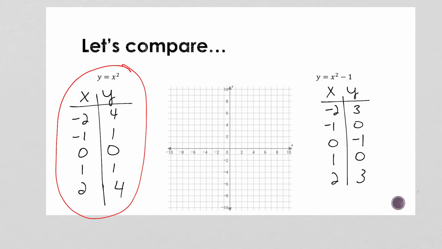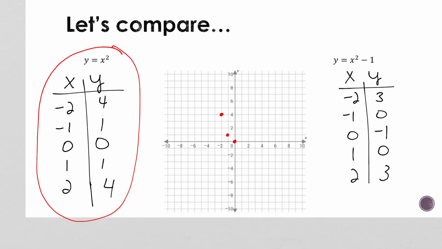Negative 2, 4 is right here. Negative 1, 1 is right there. 0, 0 is the origin. 1, 1 is right here. And 2, 4 is right there. So this graph looks like this. I have a tough time hitting those points sometimes.